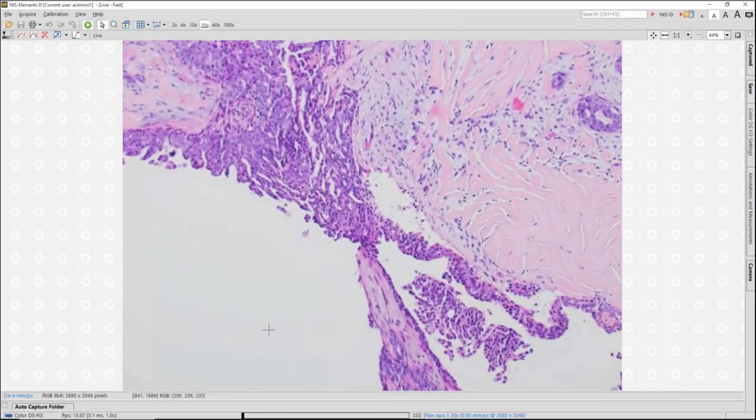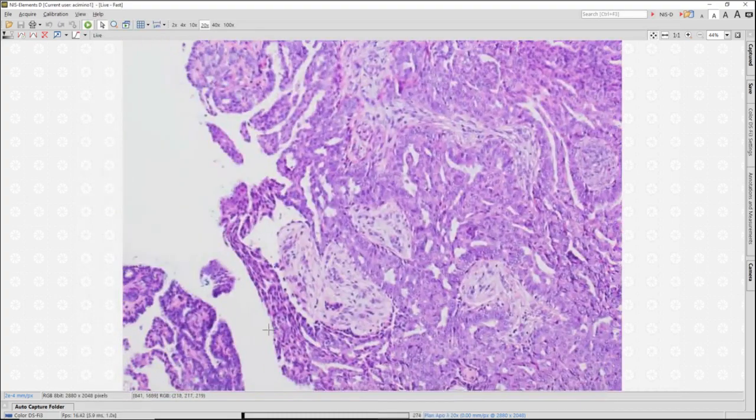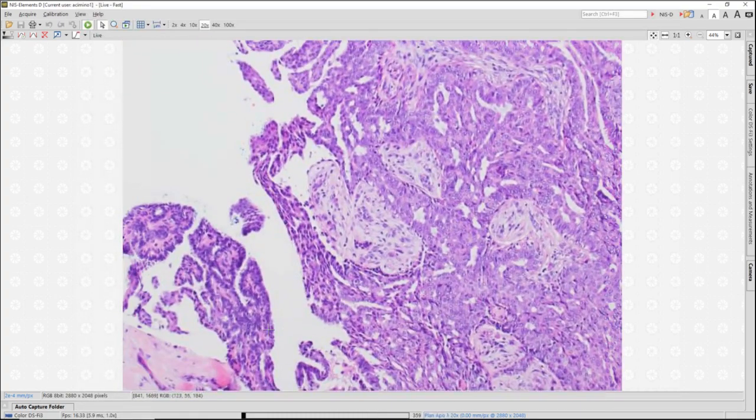As I go to higher power, I can appreciate that these fibrovascular cores have a myoepithelial cell lining within them and have a florid epithelial proliferation that shows the features of usual hyperplasia. Swirly overlapping cells, non-atypical nuclei, slit-like spaces.